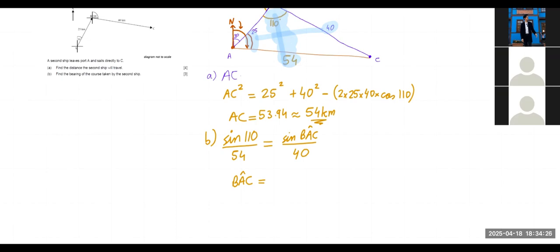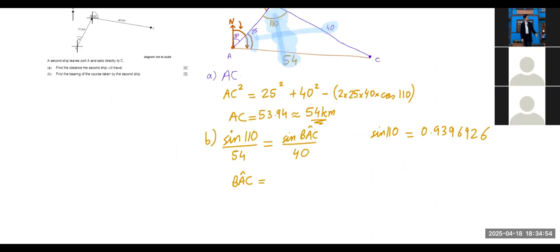This is what you did, right? You found sine 110, and it was 0.9396926, and then later you used 0.94 maybe. I just plugged in the sine 110 times 40 over 53.9355. See, then that's weird because you shouldn't have had the mistake then.